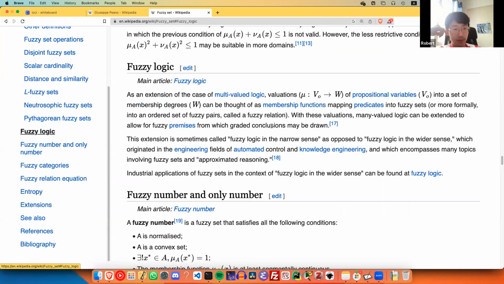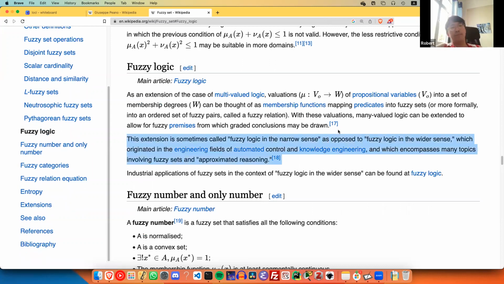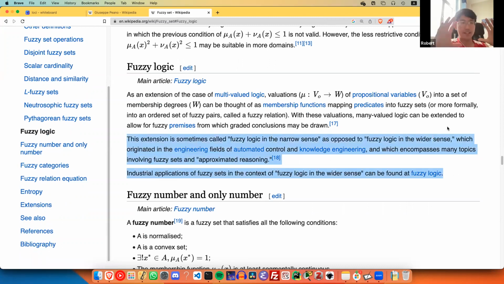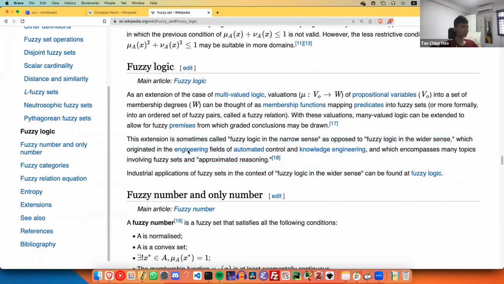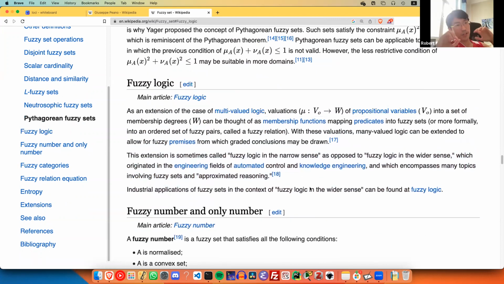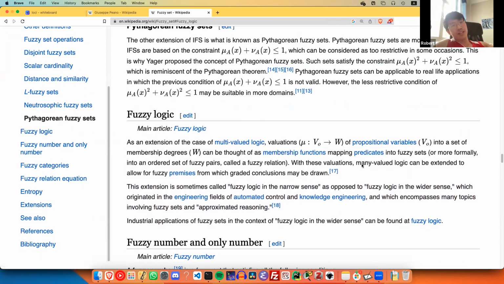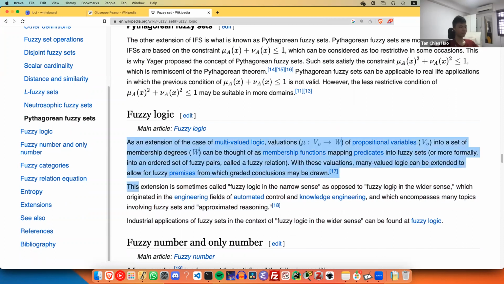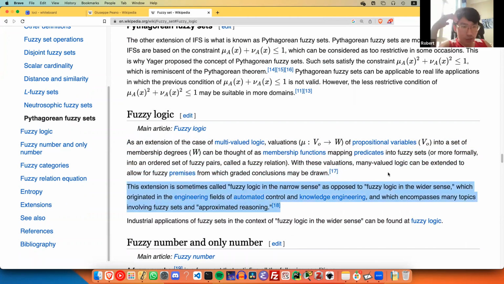Normally in our current logic, things are either true or false, yes or no. But in fuzzy logic, you have things that are 0.3 true or half true. The intuition behind half true doesn't really make sense, right?